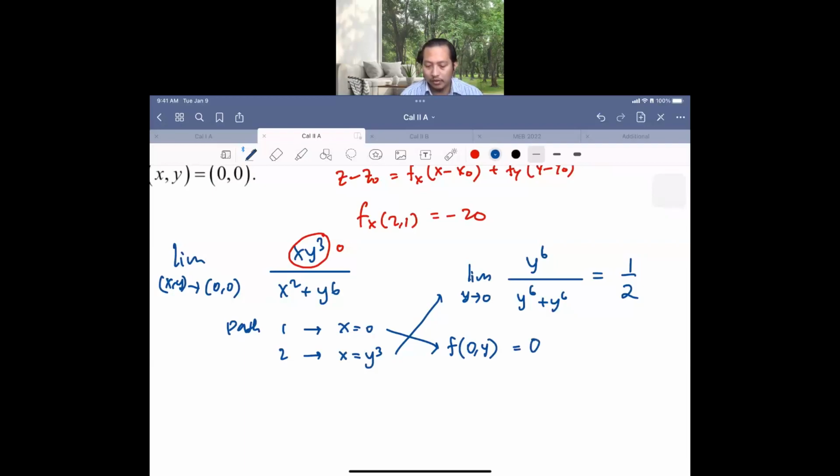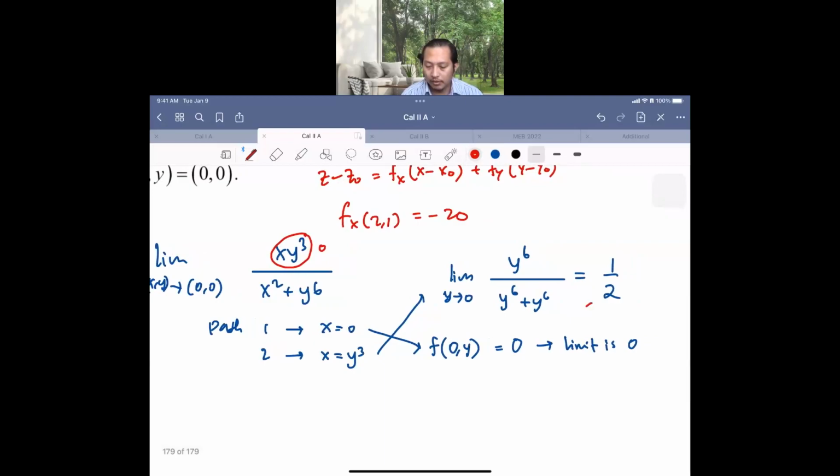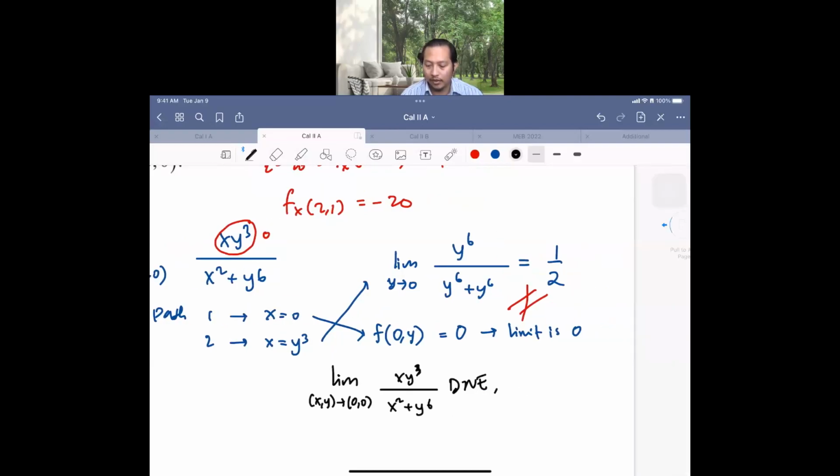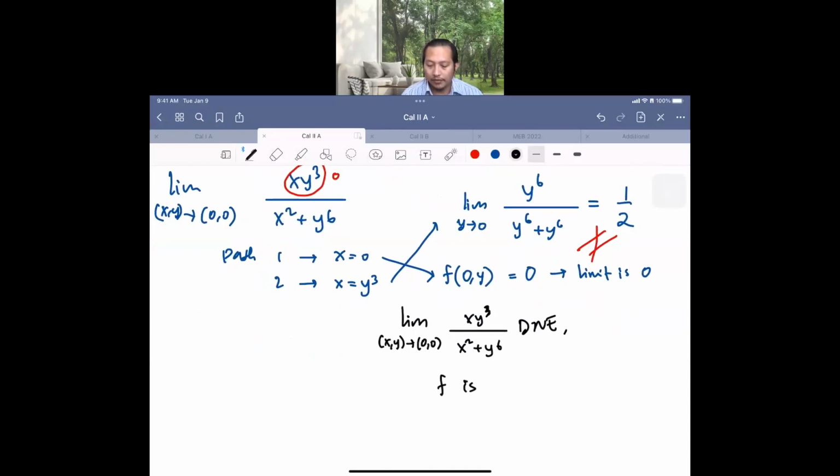So the limit is 0. And since it's not equal, we could say that the limit doesn't exist, and f is discontinuous at 0, 0.